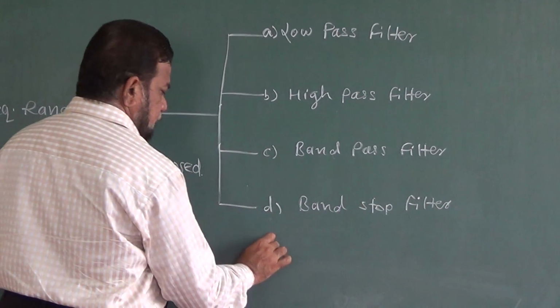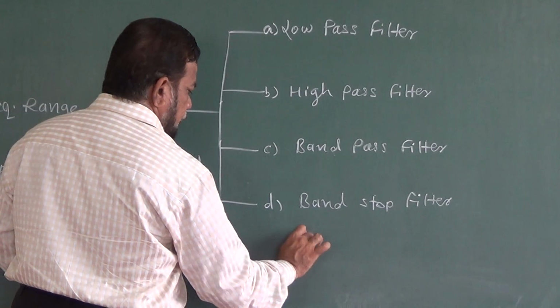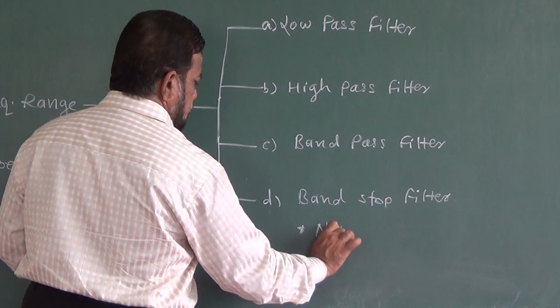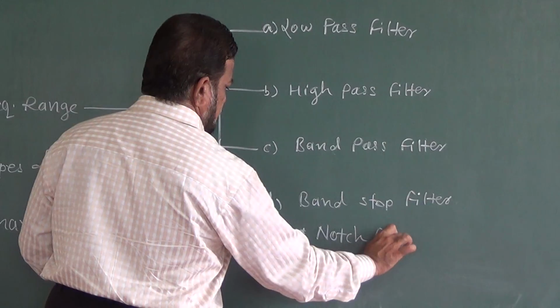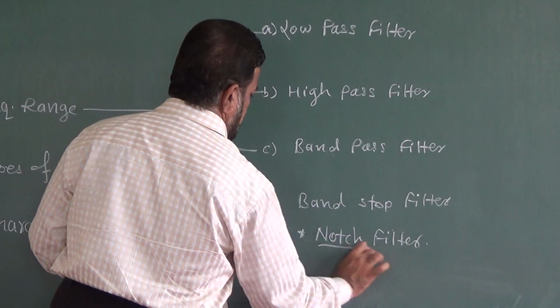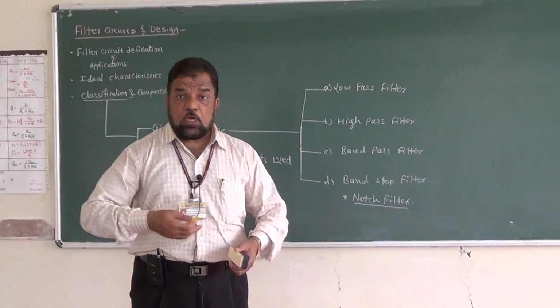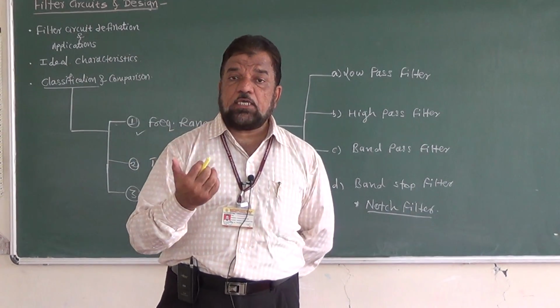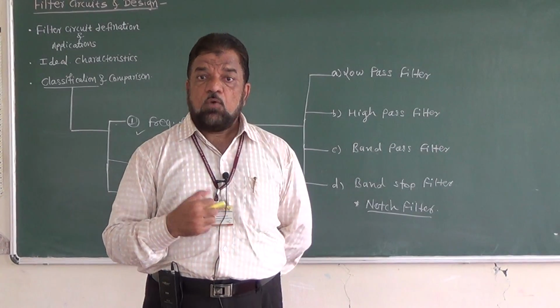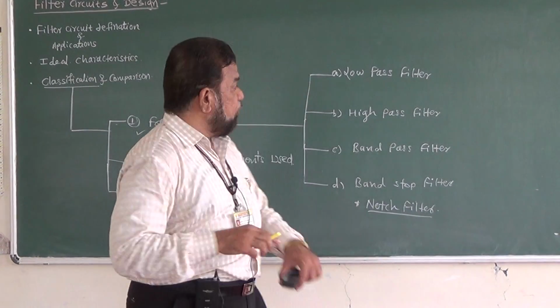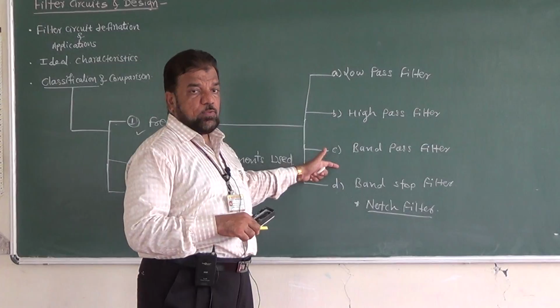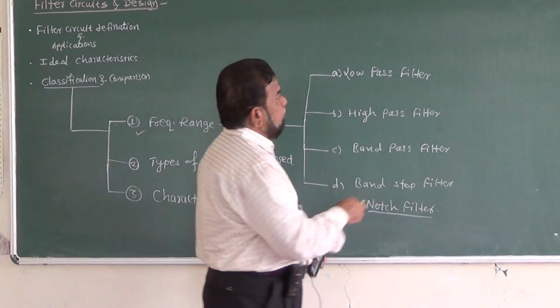The special case of this particular filter is the notch filter. That means depending upon our requirement, which frequency range to use from the available signal, the filter circuits are classified like this. So let us define one by one.